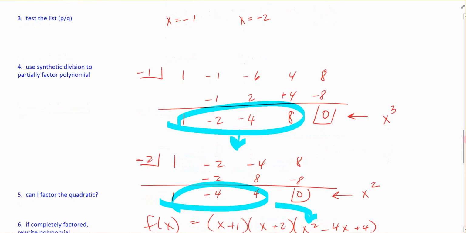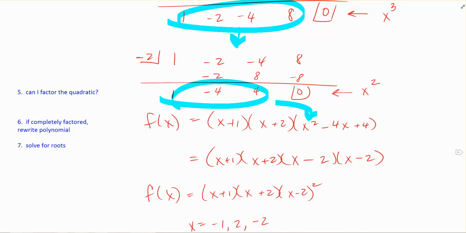So when I did my synthetic division, it starts to look a little different at this point. I have a root here at x plus 1, a root here at x plus 2, and when I do synthetic division, I get a quadratic that looks like this. When you factor that, I end up with the double root or repeated root here at x minus 2, which is this function here.